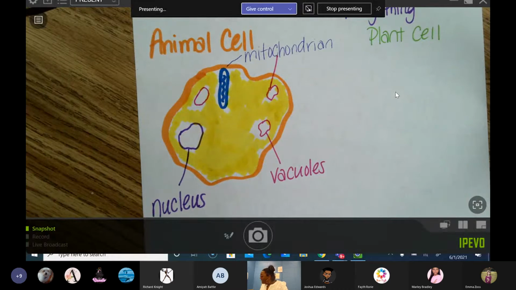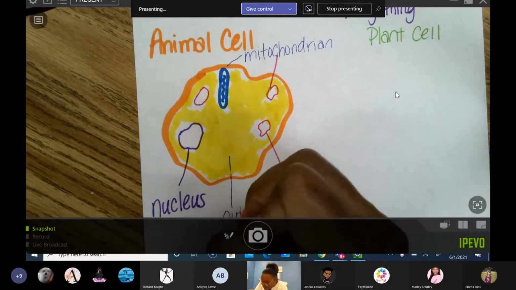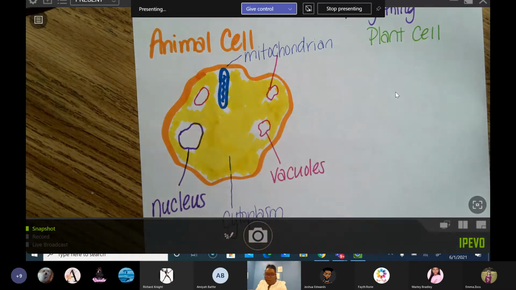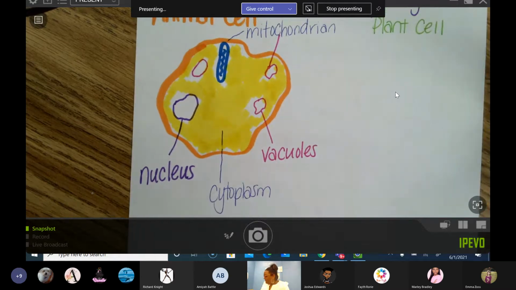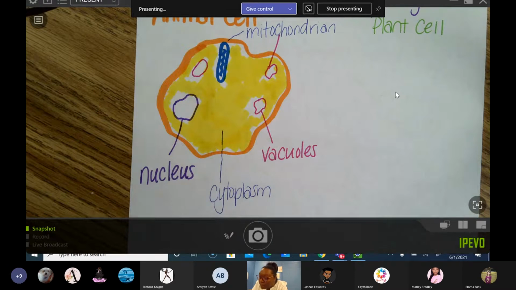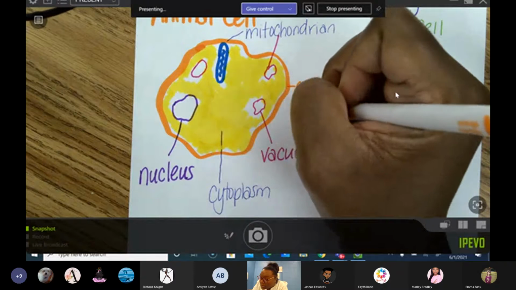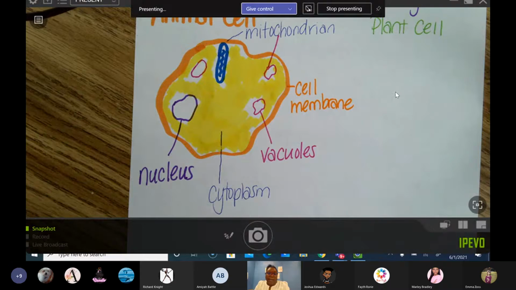And of course, that jelly-like stuff inside, that jelly is called cytoplasm. I'll move that up for you. Uh-oh, sorry. Here we go. And the outside of this structure is known as the cell membrane. And we'll talk about what the job of all of these organelles are in a moment.